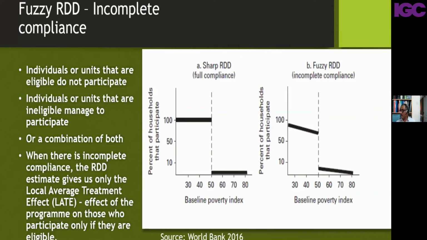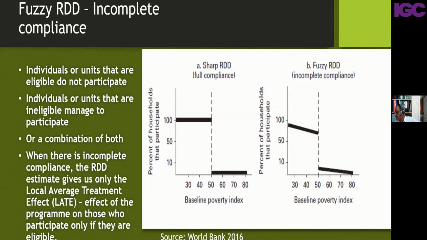That is, 100% of the participants who are eligible participate, and 0% of the participants who are not eligible participate. But if you have incomplete compliance, it will look like figure B. So here you see that those who are immediately below 50 hectares, not all of them participate.